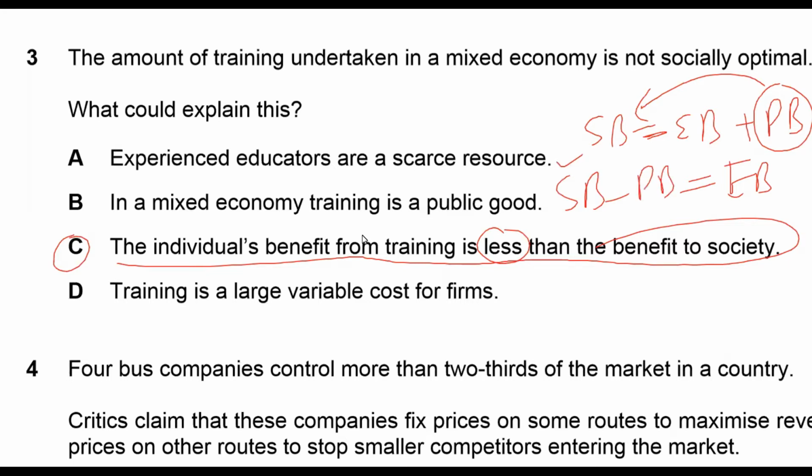So if social benefit is greater than private benefit, it means external benefits will exist. Whenever external benefits or external costs exist, it shows that society is not producing at the optimal level of output. It is underproducing or overproducing. In this case, it will be underproducing because external benefits exist.